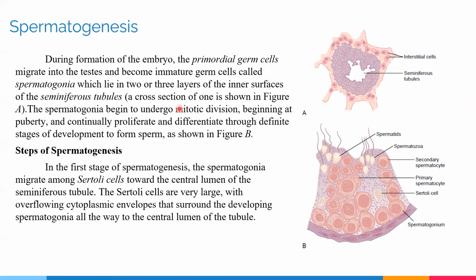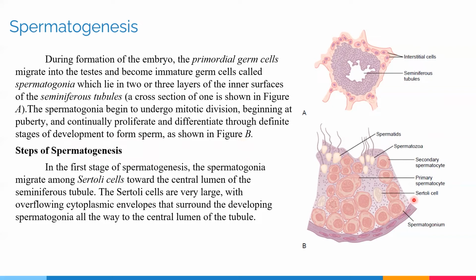A cross section of one is shown in figure A, which is right here. So here are the seminiferous tubules and these are the interstitial cells. The spermatogonia begin to undergo mitotic division beginning at puberty and continually proliferate and differentiate through definite stages of development to form sperm, as shown in figure B.